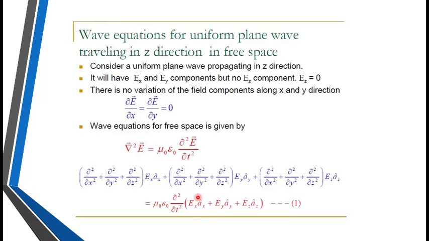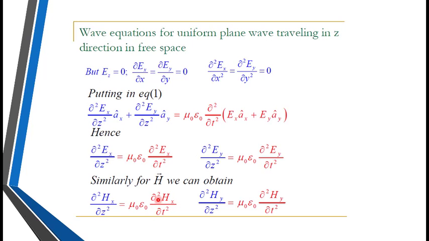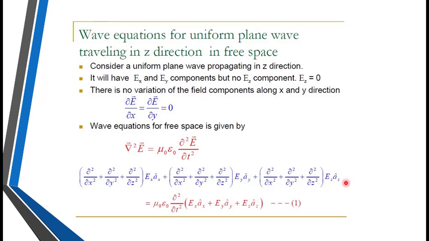Okay. Now we'll equate Ex Ax component together. So after equating, what we get? So Ez is 0. So is there Ez? Yes, Ez Az is there in the third part. So this is 0. So we'll neglect this term. Okay. So we are left with these first two terms. Now there is no variation with respect to x, no variation with respect to y, as I've stated here.